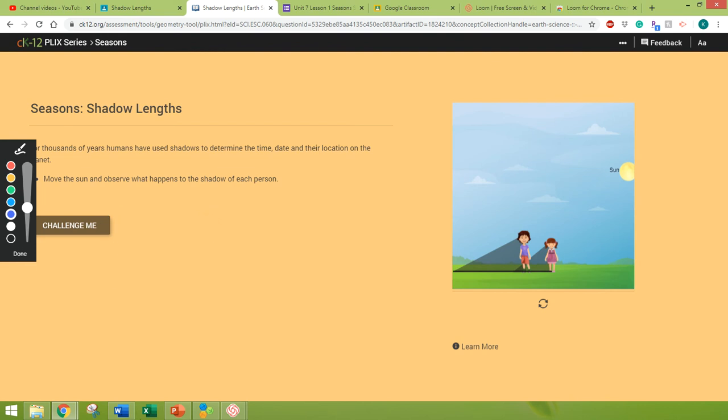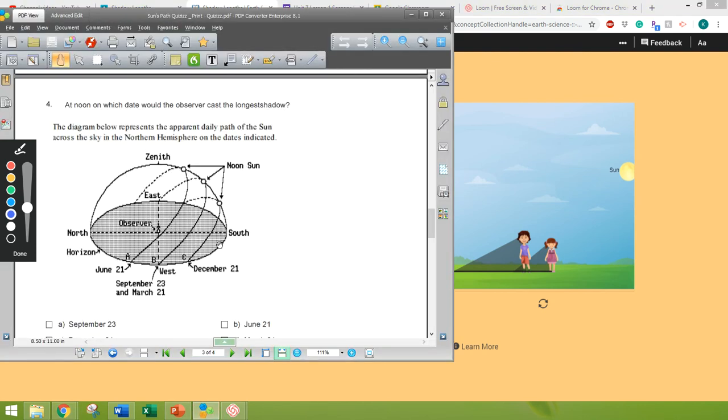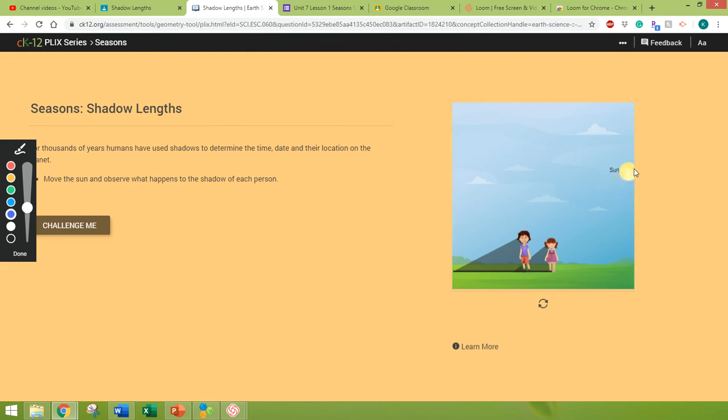So that's also going to be true if you have a total angle that is higher or lower. So in the summer, at noon, that's when your shadow is going to be the shortest. And in the winter, that's when your shadow is going to be the longest, and probably always longest towards sunrise and sunset, because as you can see in this animation, when the sun is lower in the sky, you have a bigger shadow.